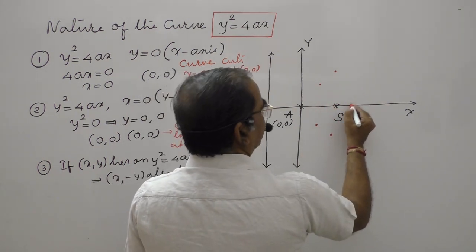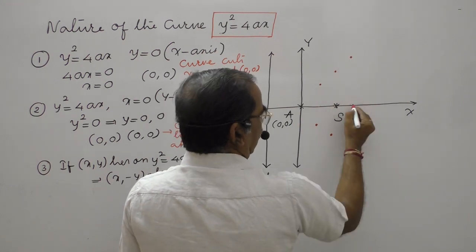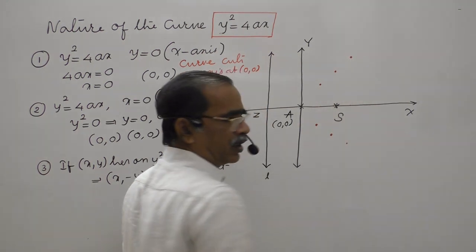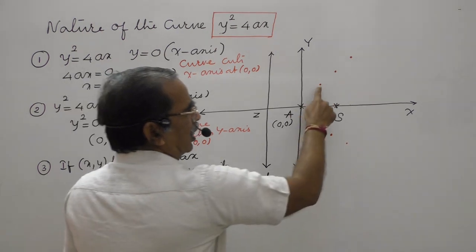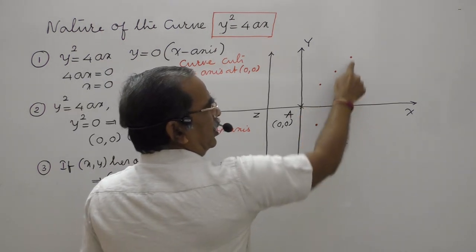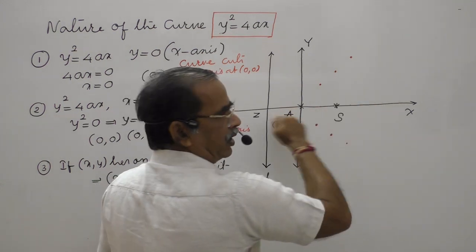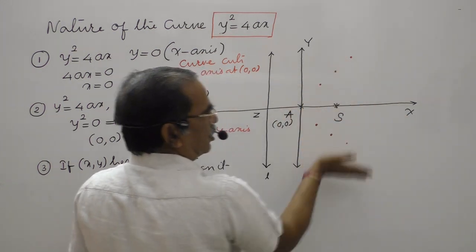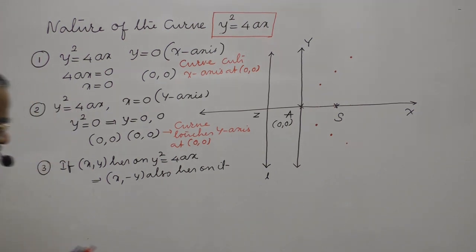If 3 comma 4, then 3 comma minus 4, etc. That means the curve is symmetric about its axis. See, this is the axis. It will be symmetric about its axis.